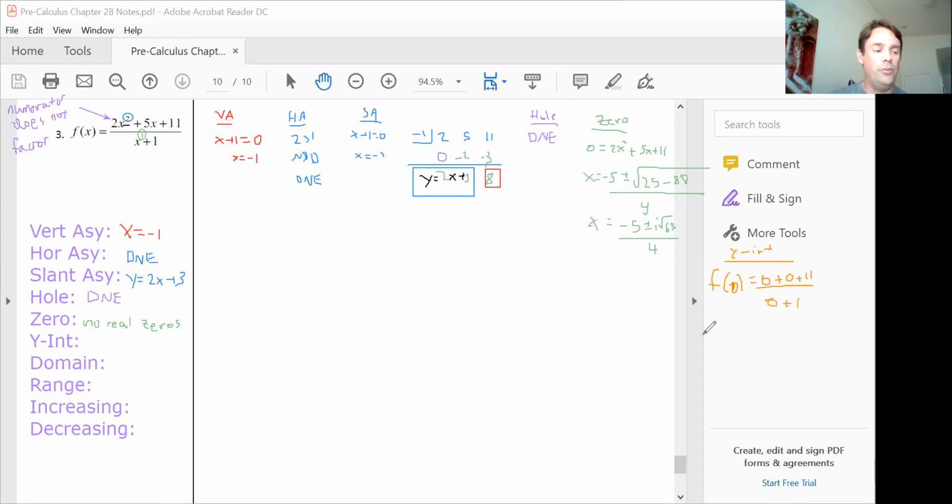Turns out my y-intercept is 11. All righty.